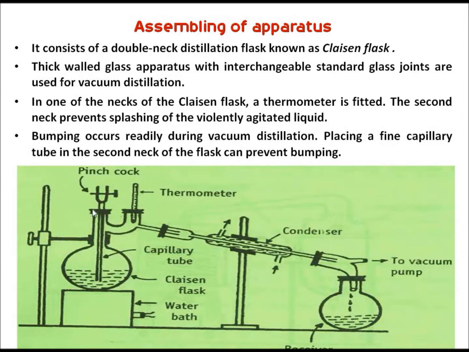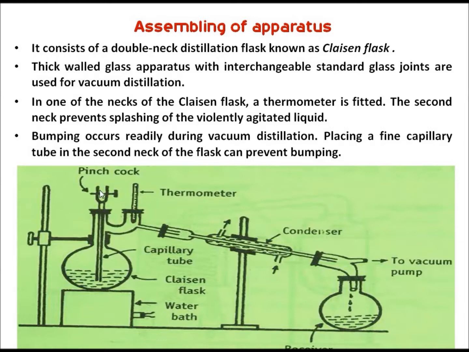So what is the use of the second neck? You see in the second neck we have placed one capillary tube. Why have we placed the capillary tube? A fine capillary tube in the second neck prevents the bumping. How will it prevent the bumping? Whatever bubbles form during the heating of the liquid will escape out this way.